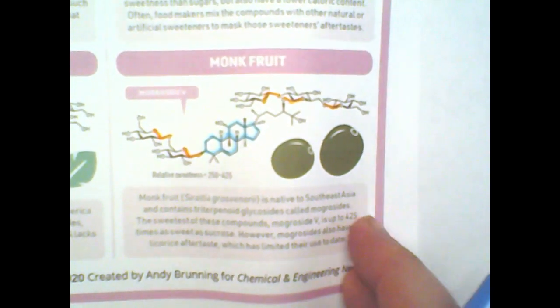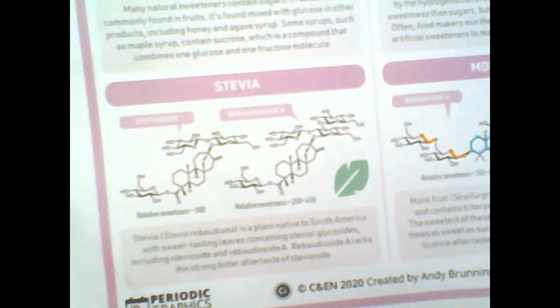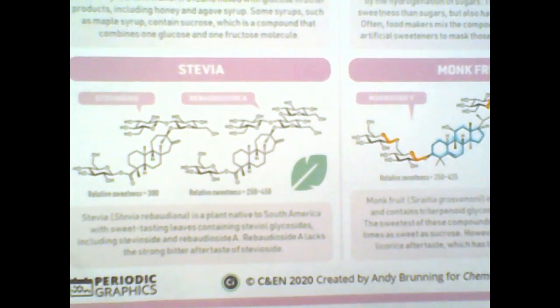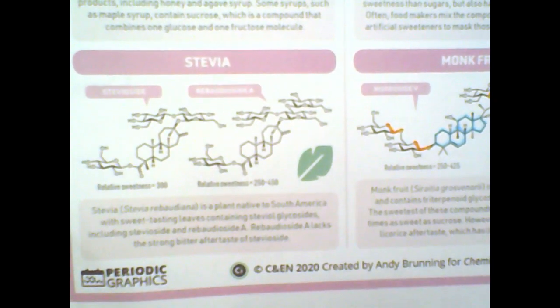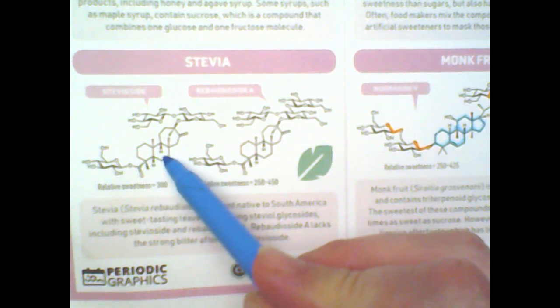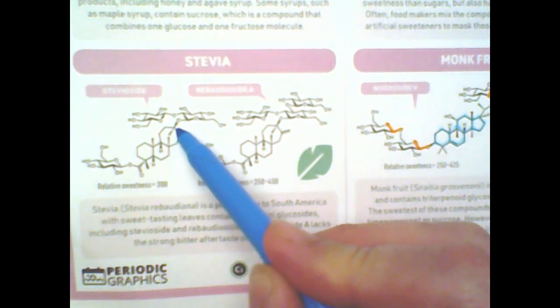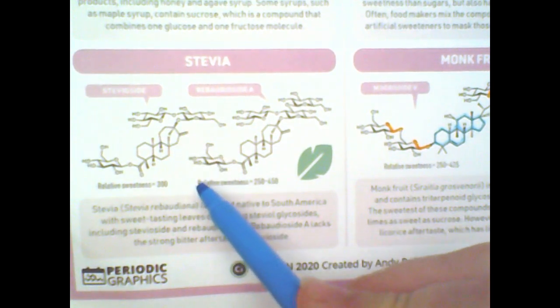If we look over at steviosides, here are 2 very sweet molecules from the stevia leaf, and they have not exactly the same ring structures. There are 2 6-membered rings, but then there's a 7-membered ring here.